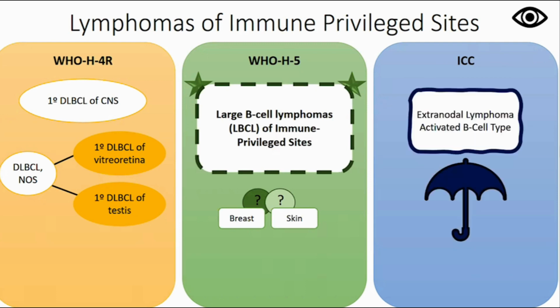However, they did propose initially a different umbrella name, extranodal lymphoma activated B-cell type. So really along the same vein, they were thinking about including these lymphomas of the immune sanctuary sites, but also things like intravascular B-cell lymphoma, primary DLBCL adrenal lymphoma, DLBCL of leg type.